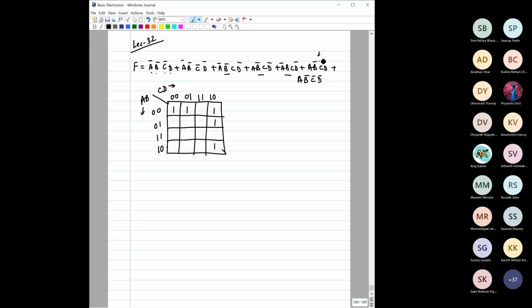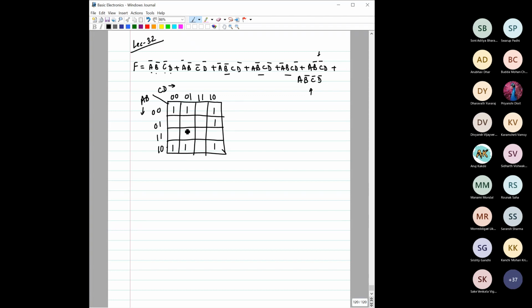For this term, it is 1 0 0 1. For this remaining term, it is 1 0 0 0. You can see here 1, 2, 3, 4, 5, 6, 7 terms. We have put seven ones.